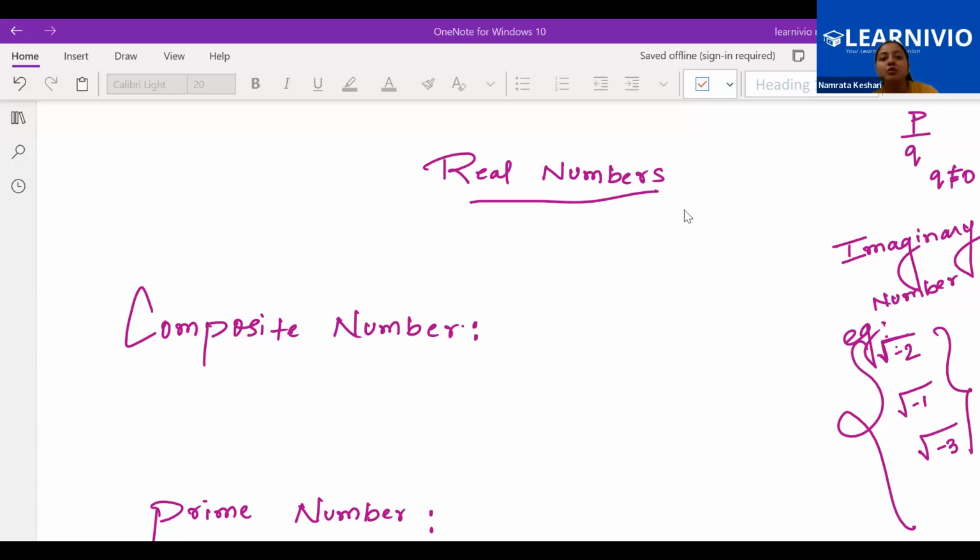I was about to start quadratic equations, but one of the students reminded me that we have not touched real numbers yet. So I'm taking this topic first, which will be helpful for you in the exam, and then we can start our quadratic equations. Just give me a second, okay?